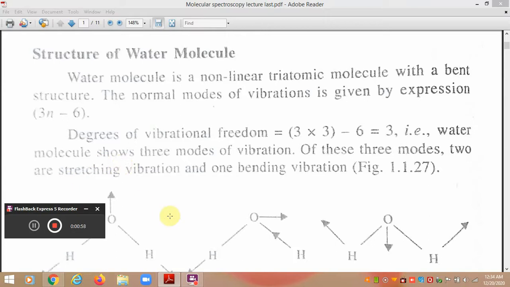Dear friends, based upon the vibration spectra, here we are going to talk about the study of the structure of the water molecule and the structure of the carbon dioxide molecule.